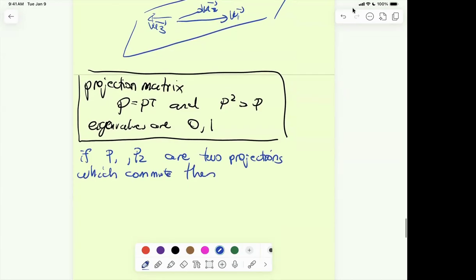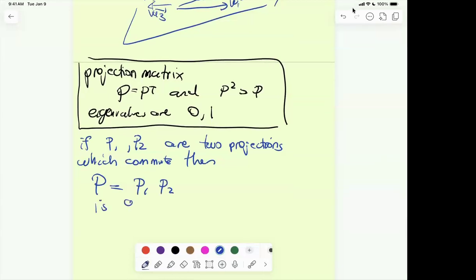Then P equals P1 times P2 is a projection matrix, and its eigenvalue is 1 precisely when the eigenvalues for these two projections are 1. So this is a projection matrix.